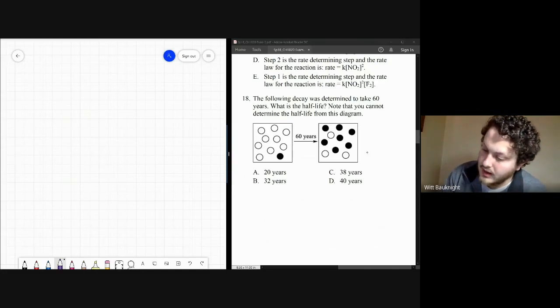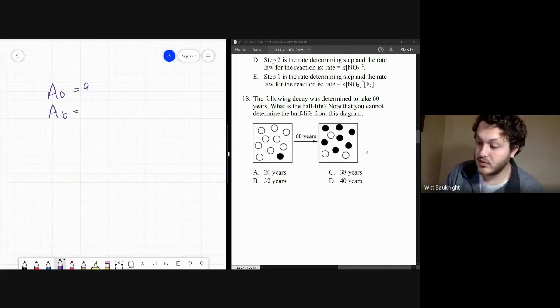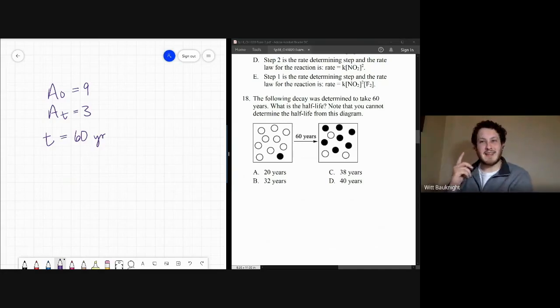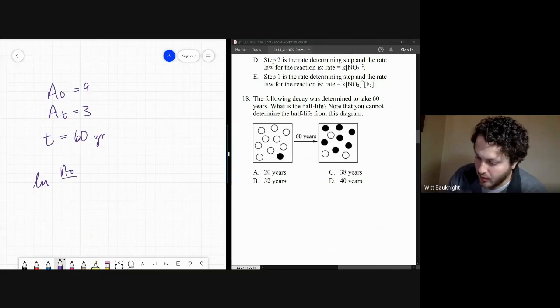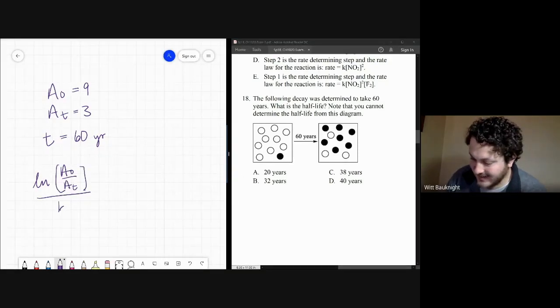So our initial amount is 9. Our amount at t is 3. Our time equals 60 years. And with the integrated rate law, we know that the natural log of A0 over At over K equals time.